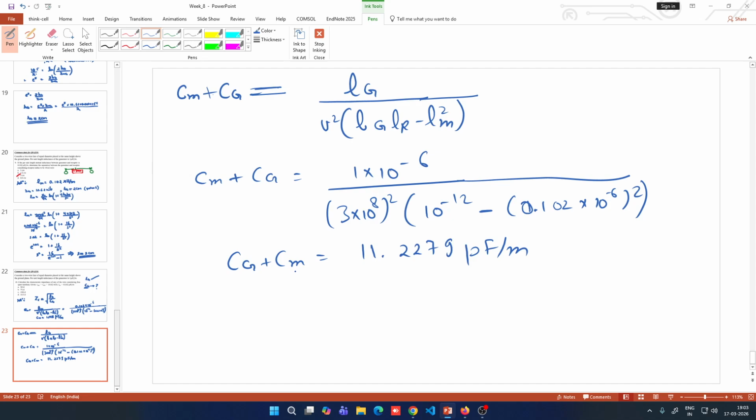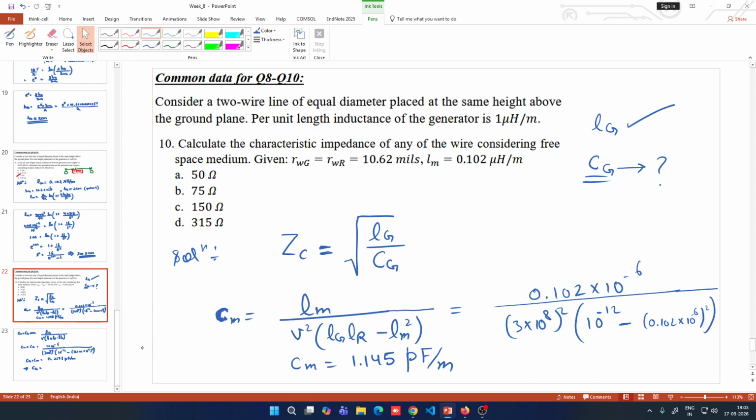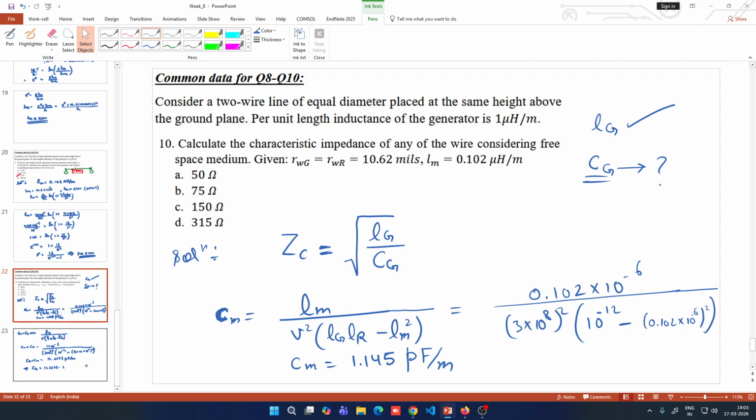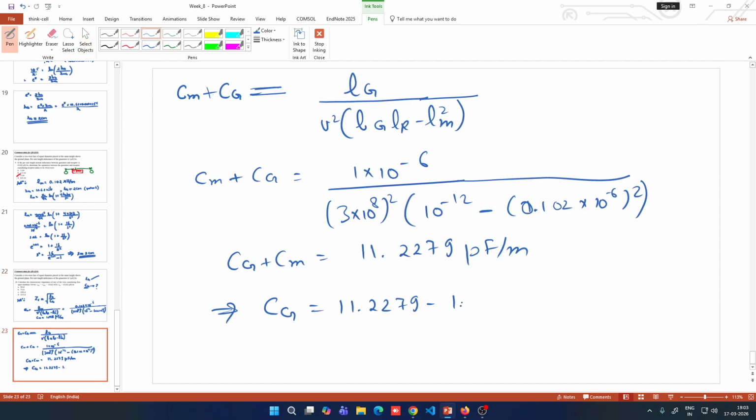Now we know what Cm is, so Cg will come out to be 11.2279 minus 1.145 picofarad per meter. When you solve it, we get 10.0829 picofarad per meter. This is our Cg.